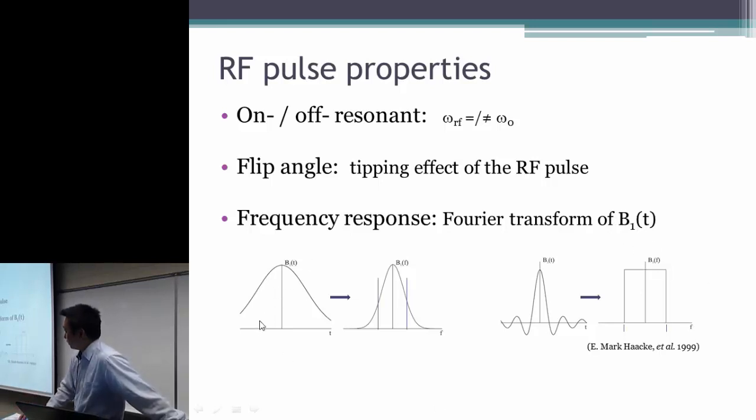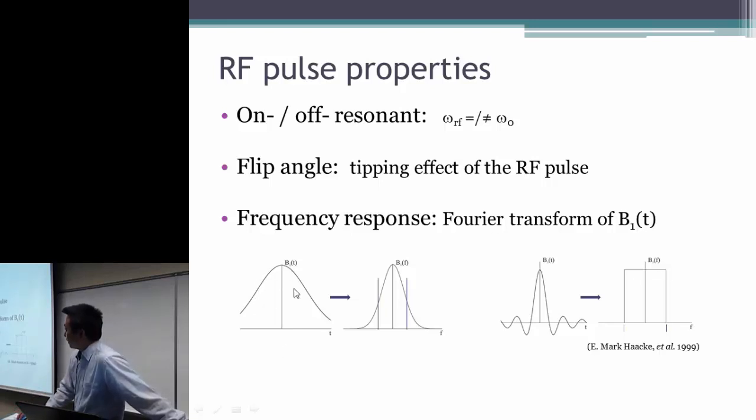So for example, if we have applied a sinc pulse in the time domain, then we can obtain a rectangular response in the frequency domain. So that means the spins that have a frequency within this bandwidth range all experience the same excitation process. Or we can say the flip angle for the spins within this frequency band is the same.